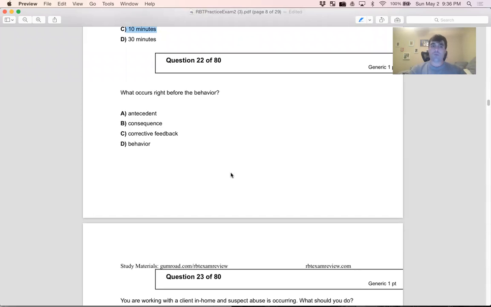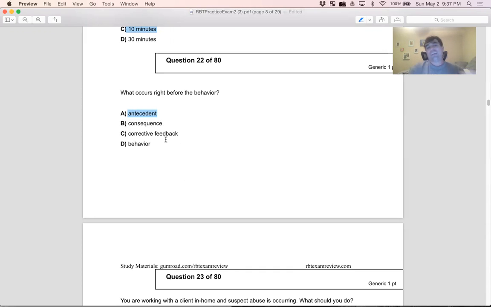So what occurs right before the behavior? It's an antecedent, it's a consequence, it's a corrective feedback, or is it the behavior? Obviously not the behavior. It's not a consequence because that comes after. Corrective feedback is a consequence. So it clearly has to be antecedent. What occurs right before the behavior? An antecedent. An alternate version of this test, I have motivating operation as one of the answer choices.